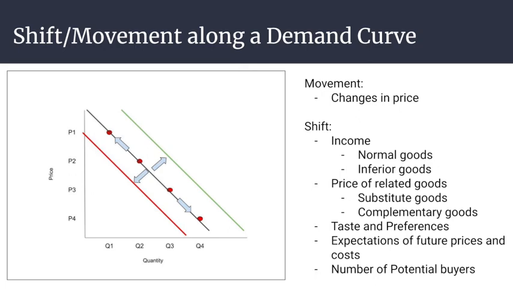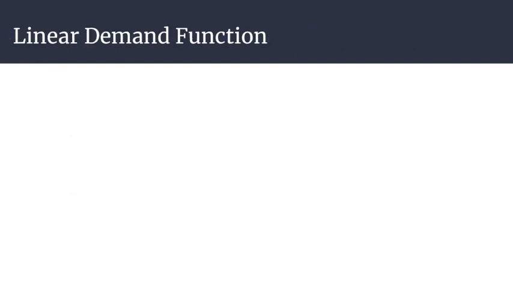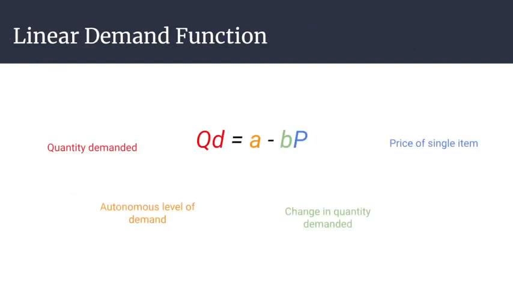The basic understanding and visualization of demand can also be supported by the linear demand function, which can be seen right now. Quantity demanded equals the autonomous level minus the changing quantity times the price. The quantity demanded is fairly straightforward: the quantity demanded of the good presented in the economy.